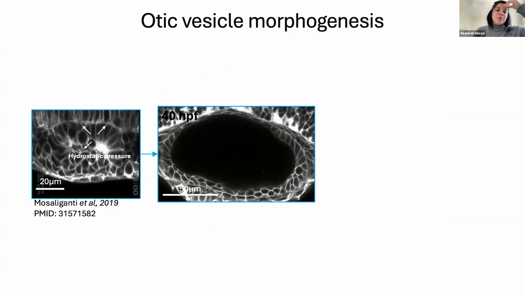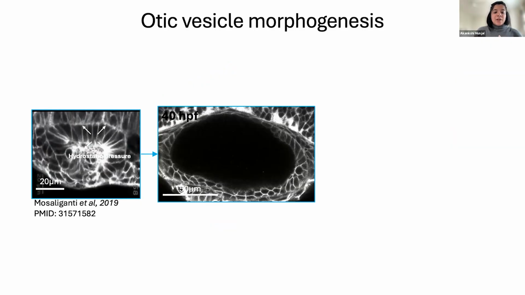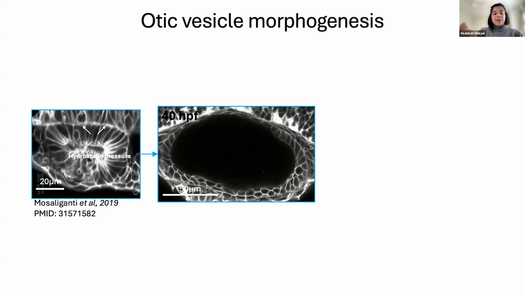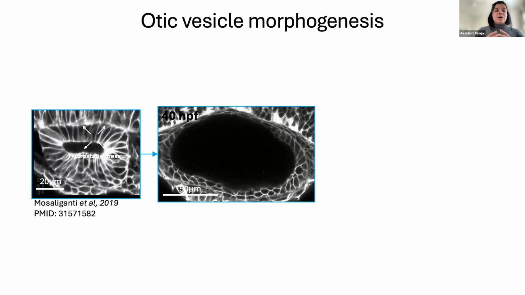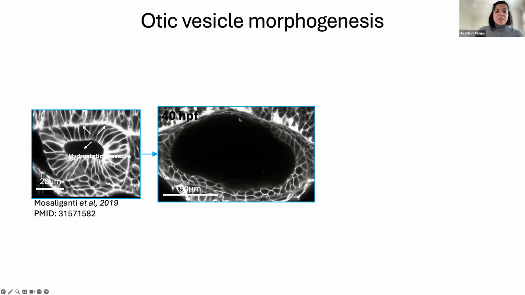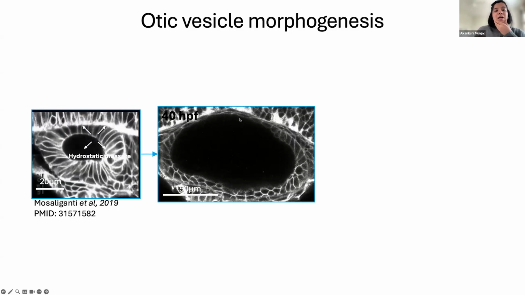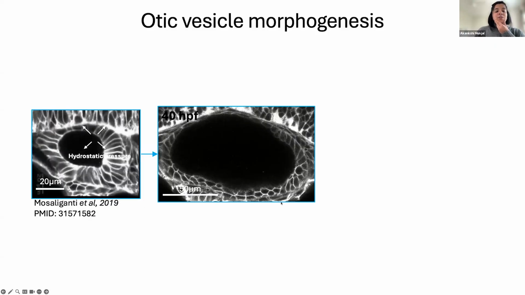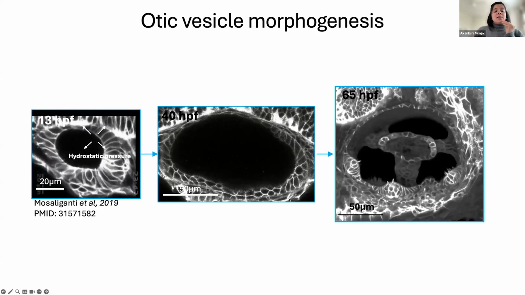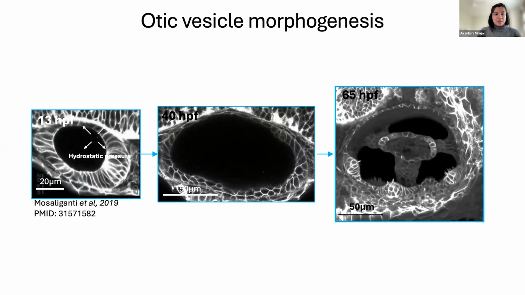It's filled with very salty fluid that drives its expansion. So it's a single layer of cells around. It's a tight epithelium, and they're not dividing very much. They are, but not enough to explain the expansion. It's being driven by hydrostatic pressure. And once this tissue reaches a certain size, it remodels dramatically to give rise to the semicircular canals.